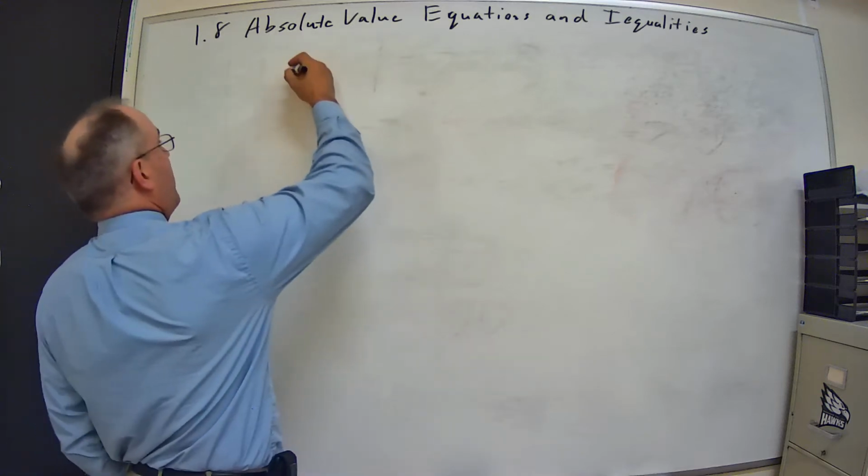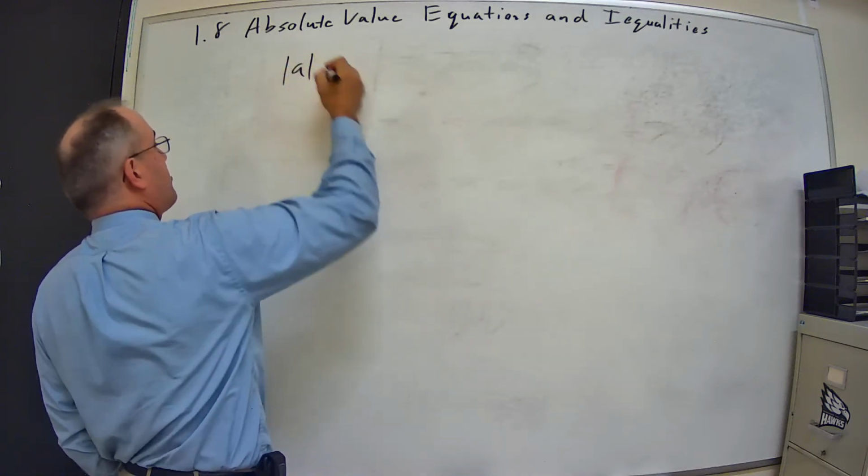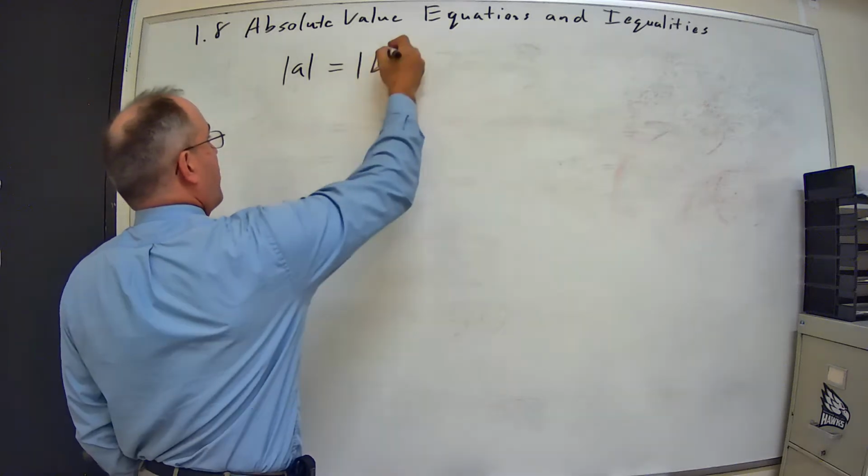What happens if I have the absolute value of A is equal to the absolute value of B?